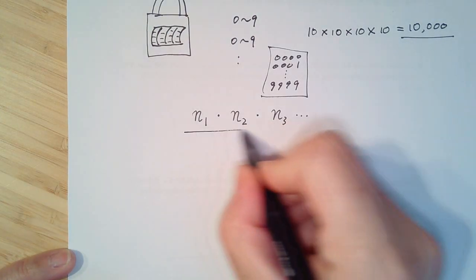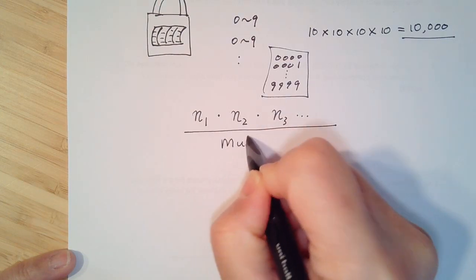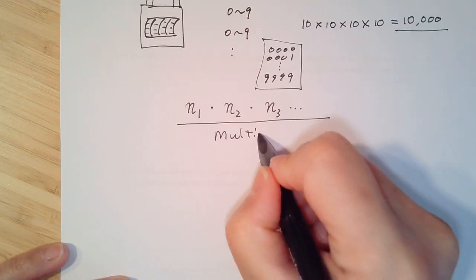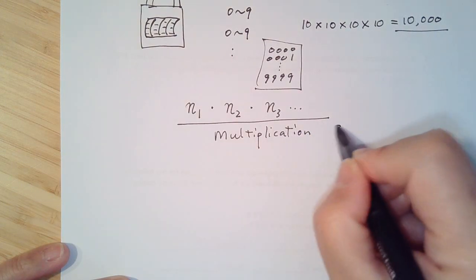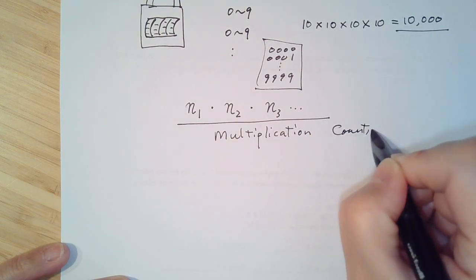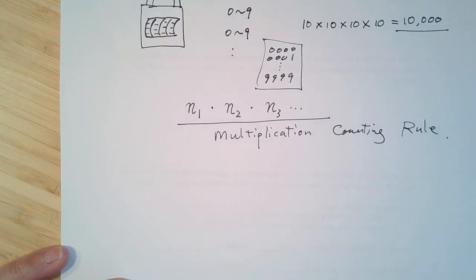So this is called the multiplication counting rule. That's the first thing we learn when we learn about counting.